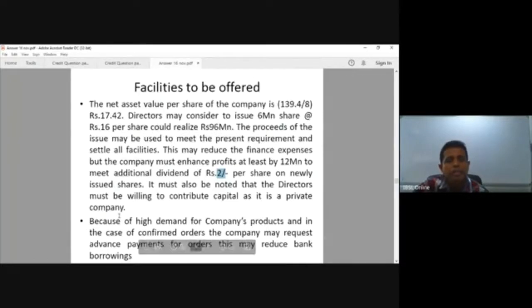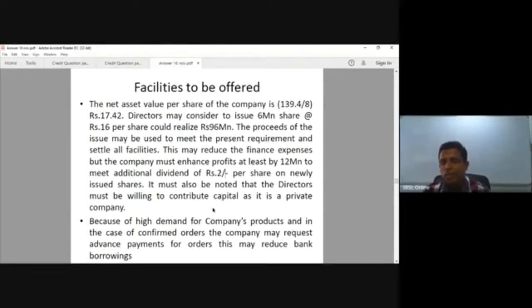Then the final option: because of the high demand for the company's products, and in the case of confirmed orders, the company may request advance payment from the clients who made the orders, right? Don't go to the bank. When you have orders, take some advances.